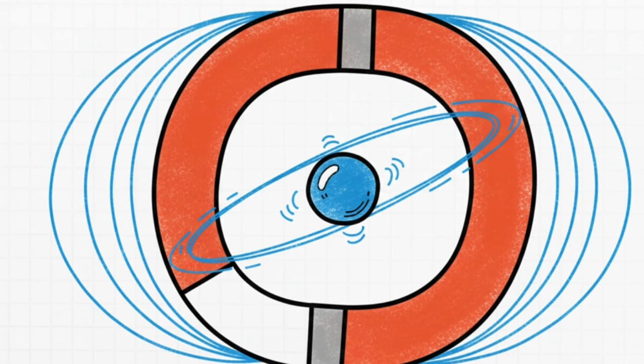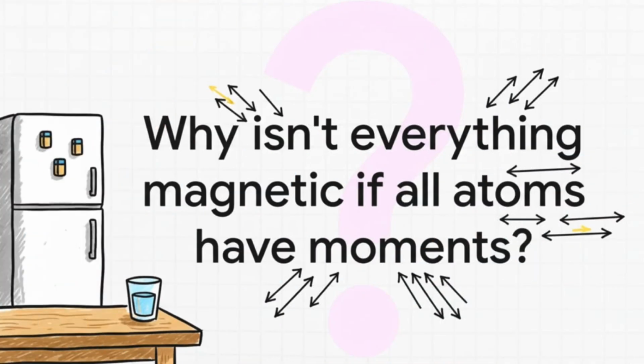And of course, that leaves us with one final, pretty obvious question to chew on. If every atom in the universe has these little magnetic moments inside, why isn't everything magnetic? Why can't I stick my coffee mug to the fridge? Well, as we've just seen, the secret isn't just having the tiny compasses, it's about getting them all to point in the same direction.